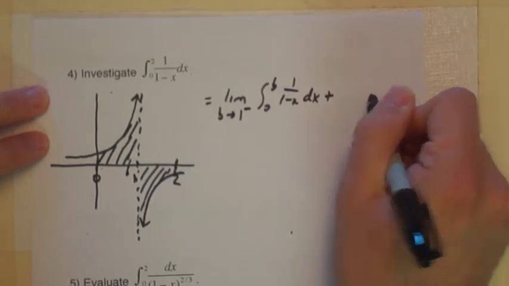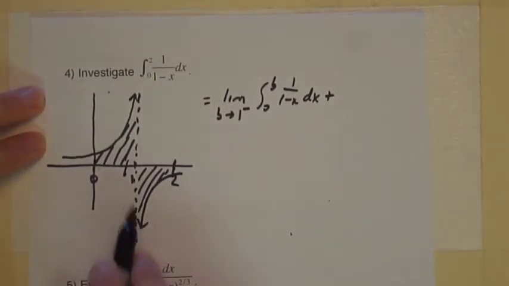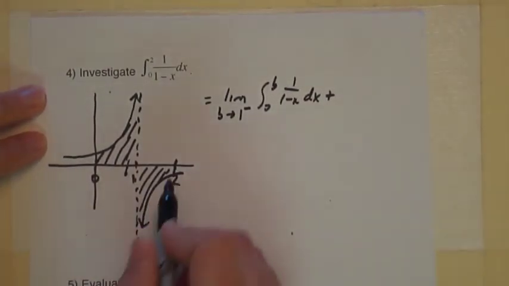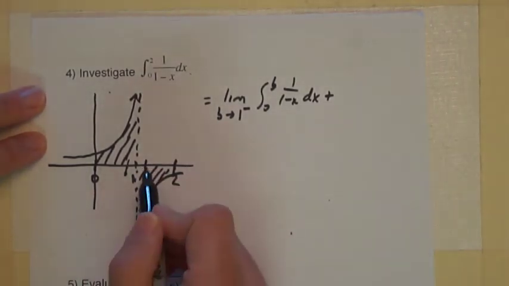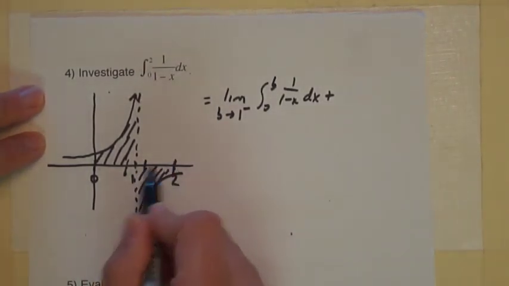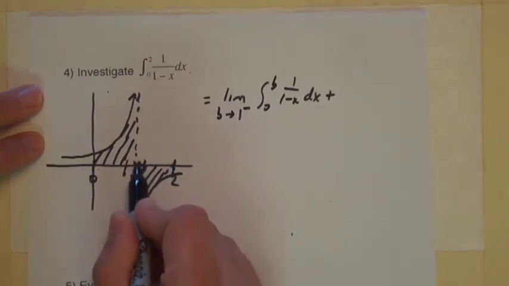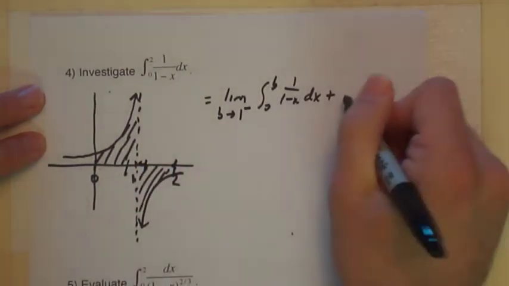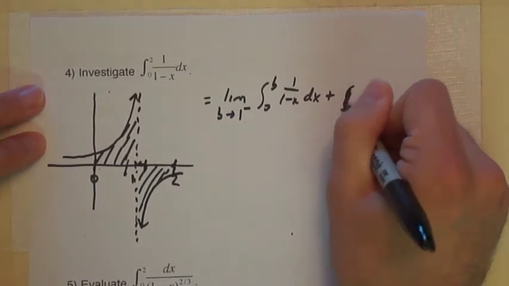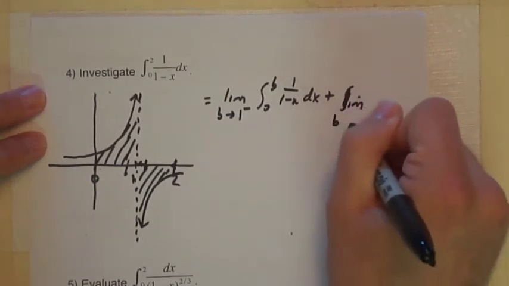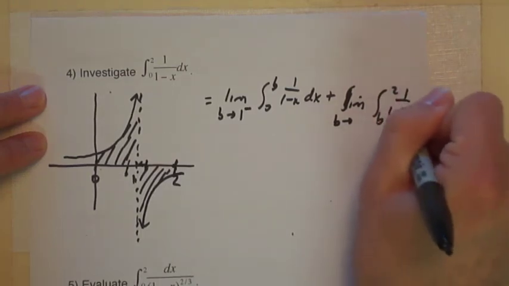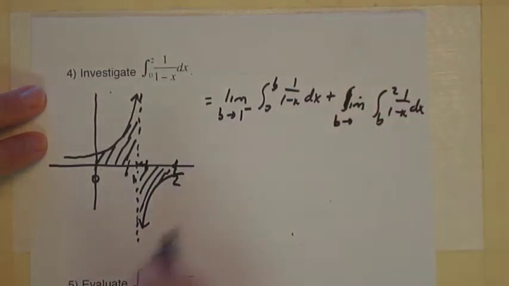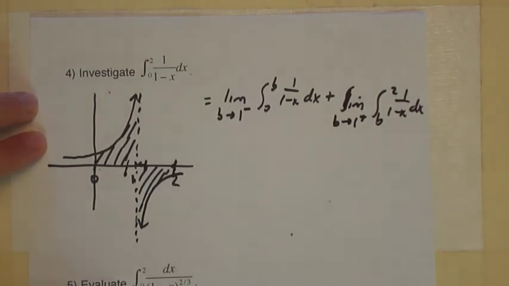For the other one, the issue is at 1 again, not at 2. 1 is what makes the integral improper. So we're going to take the area from b to 2 and then push b back towards 1 from the right. Excuse me, limit. The area from b to 2 and push b towards 1 from the right.